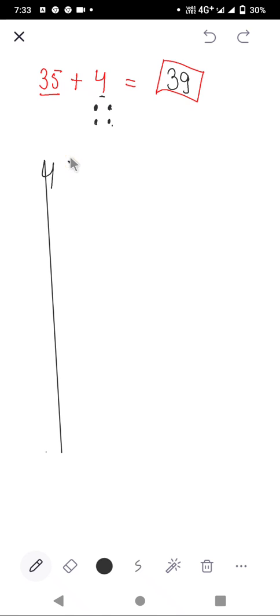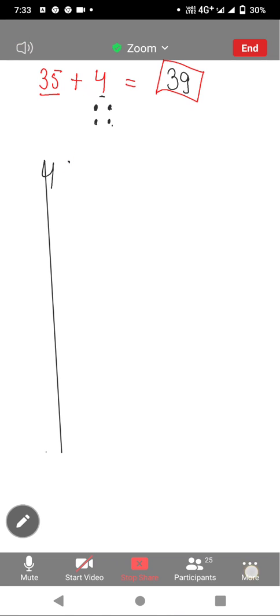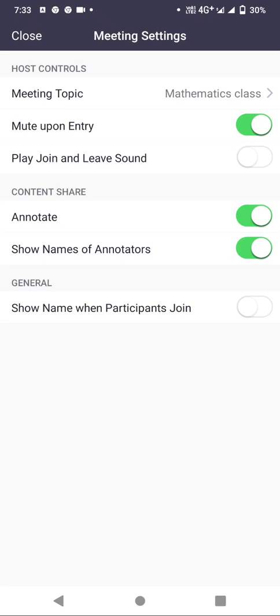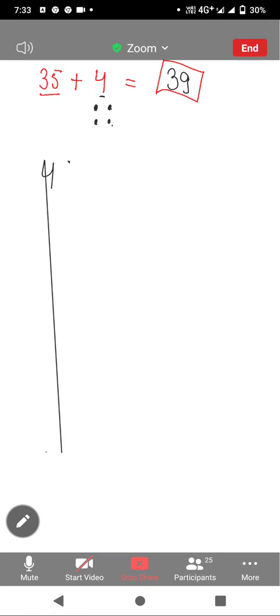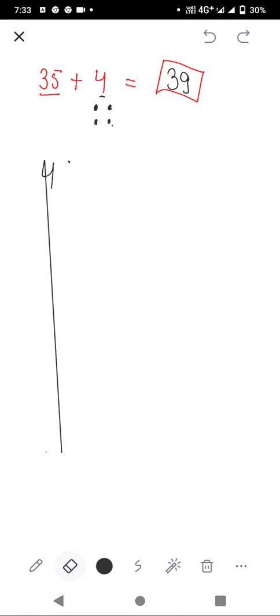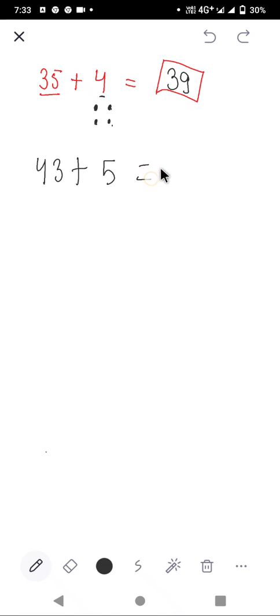Let's take another example. Suppose we have 43 and here we have 5. The bigger number is 43, so we will count after 43.